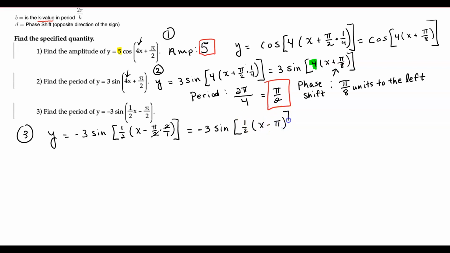All right, so we were asked in this case to find the period, so that's not a big deal. The period is simply going to be 2 pi divided by our period modifier here, 1/2. So divided by 1/2, which is the same as 2 pi being multiplied by 2 over 1, which is 4 pi. So our new period is 4 pi.